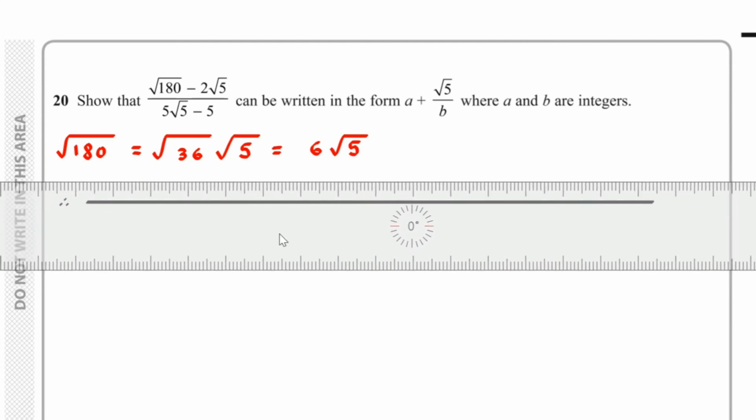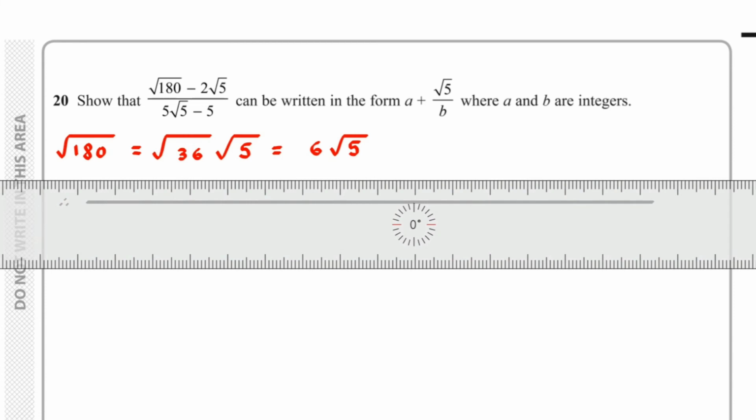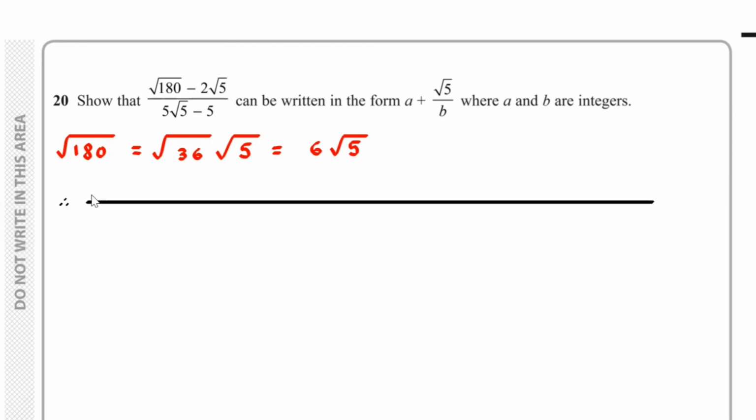We've got square root 180, which we've just said is the same as 6 times square root 5, and then we subtract 2 root 5, divided by 5 times the square root of 5 subtract 5.